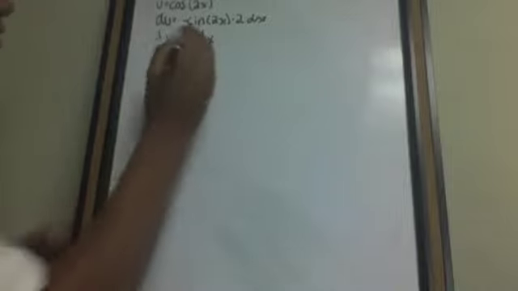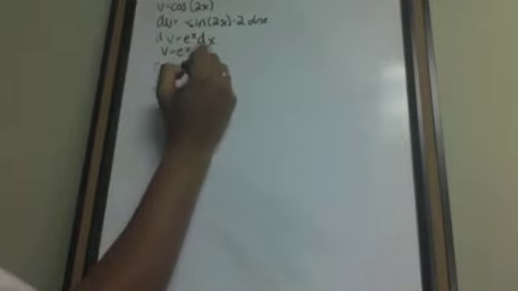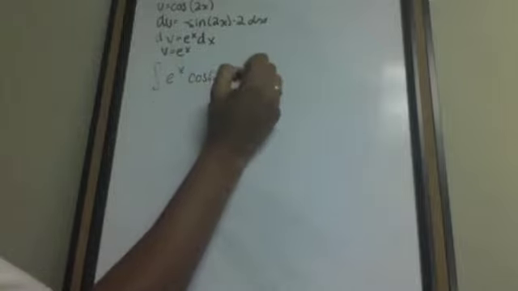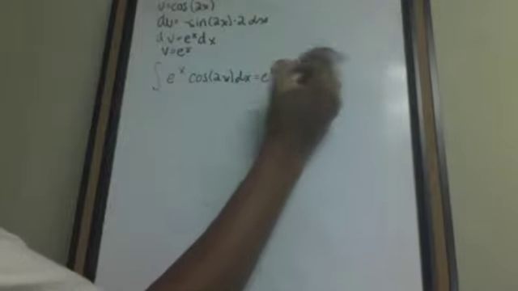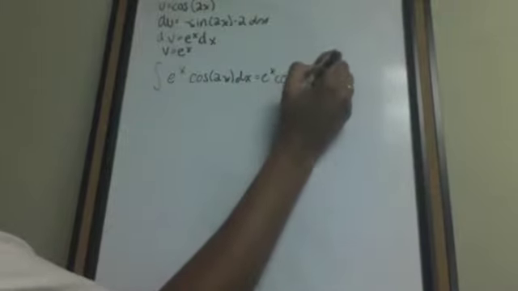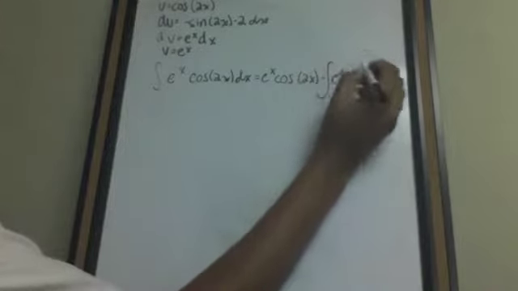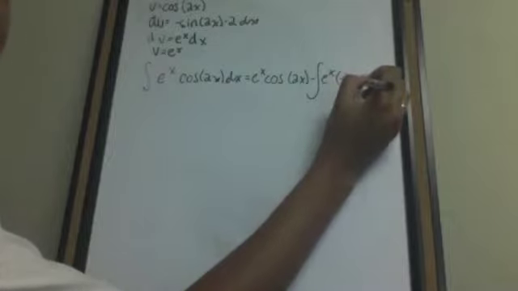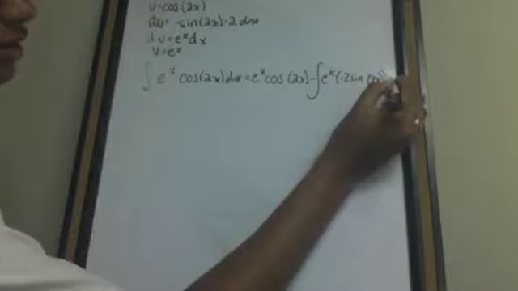And so now this one looks like the integral of e to the x cosine 2x dx equals e to the x cosine 2x minus the integral of e to the x times negative 2 sine 2x dx.